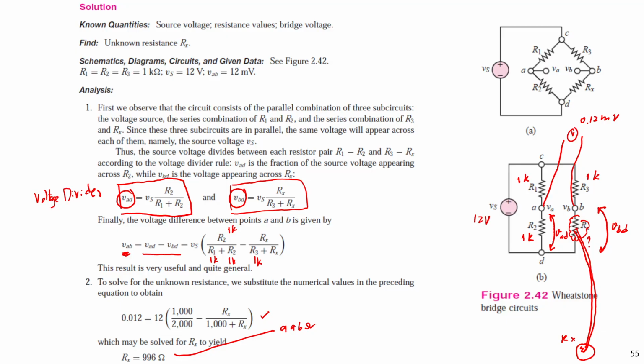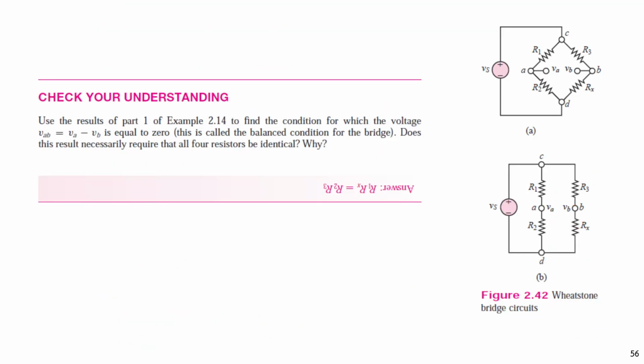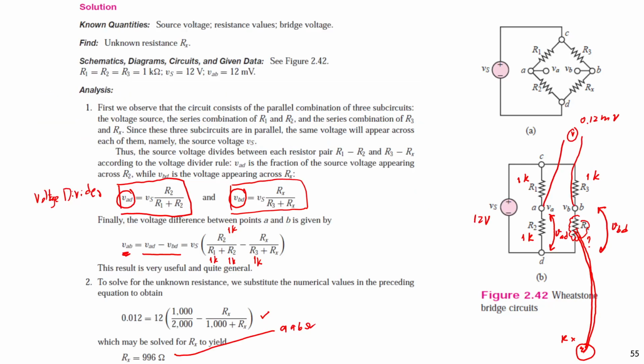If Rx changes, VAB will change, and we can recalculate Rx. This may represent some sensor, maybe a resistive type sensor. When the temperature changes, the resistance changes, or the ratio changes.